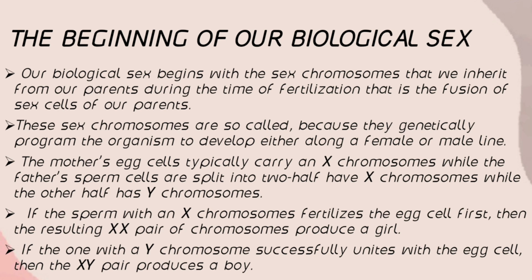The mother's egg cells typically carry an X chromosome, while the father's sperm cells are split into two halves: half have X chromosomes, while the other half has Y chromosomes. If the sperm with an X chromosome fertilizes the egg cell first, then the resulting XX pair of chromosomes produces a girl. If the one with a Y chromosome successfully unites with the egg cell, then the XY pair produces a boy.